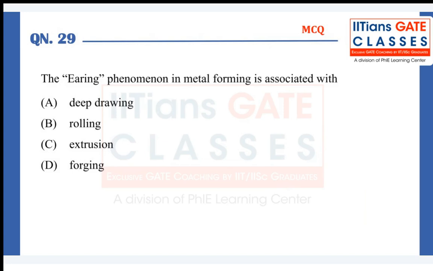Question number 29. The earing phenomenon in metal forming is associated with. So in metal forming, where can we find this particular earing defect? I told you that, guys. Did you remember or not? So go back to our notes. It is a deep drawing component, right? Now on the deep drawing component, there are upward edges.